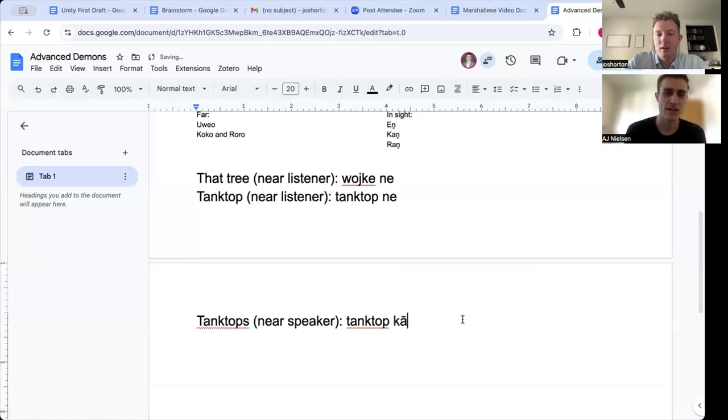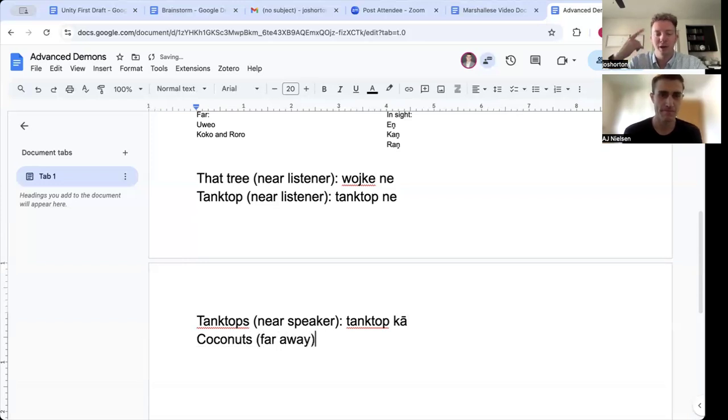I'll throw out another example. Let's say a Marshallese person in America is talking about, oh, I miss eating those coconuts in the Marshall Islands, because they're far away. So we're using that far away. Coconuts and then far away.